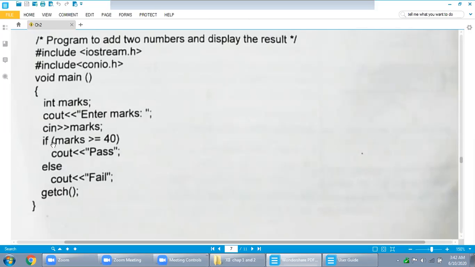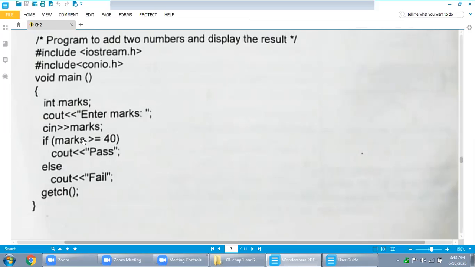In the algorithm it was written: if marks is greater than or equal to 40, then display pass, else fail.